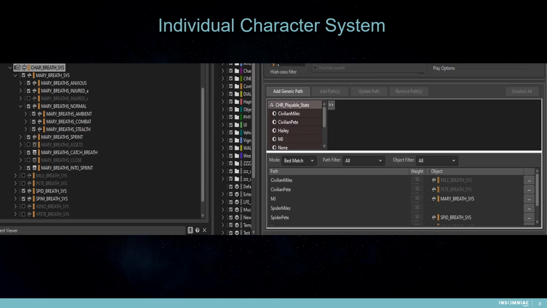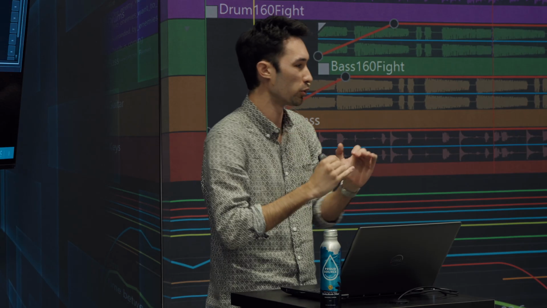So now that we have talked about the states and the heart rate intensity and the breath intensity, let's break this down on a music switch container level. The first state that we had was the character breath system that's right at the top, and we had the character playable state. We actually had multiple characters in our game, and each character had a different breathing system.